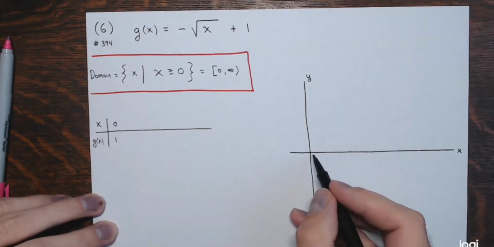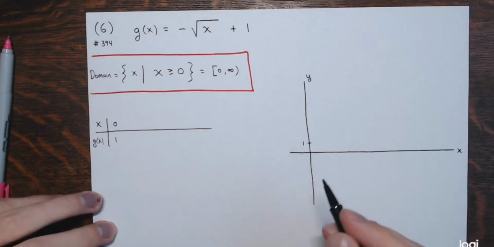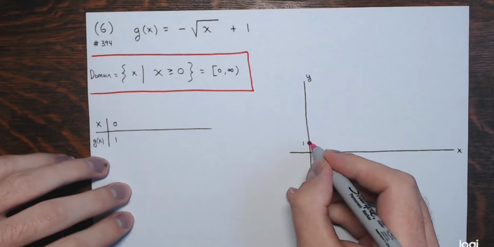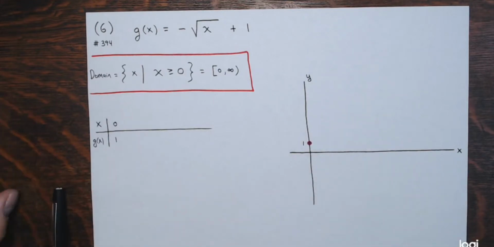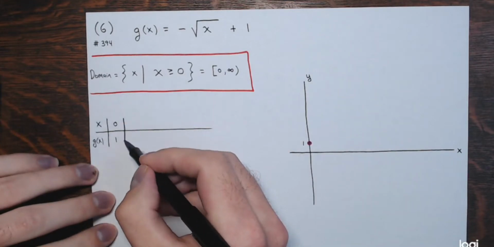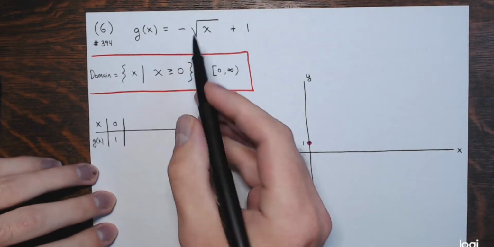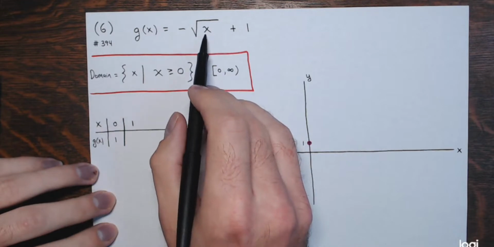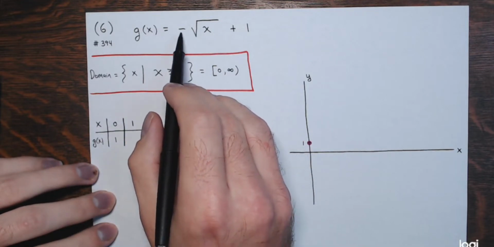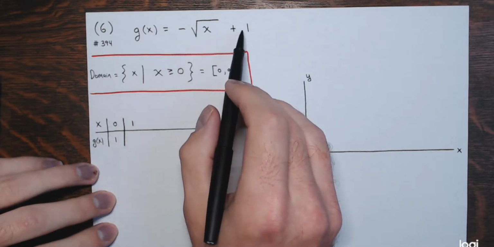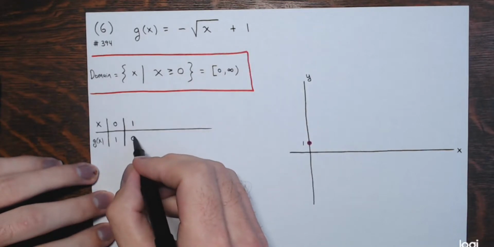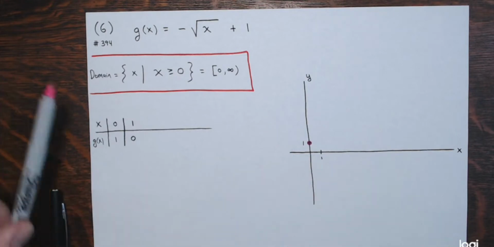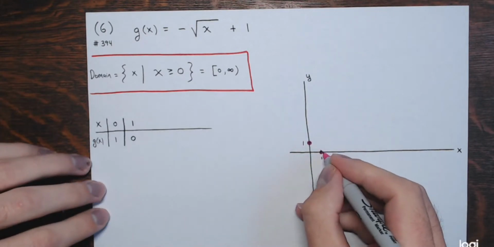Right, so input 0, output 1. So there's that point. Okay, then again we have square root of x, so just plug in 1 next. That's a perfect square. Square root of 1 is 1, times negative 1 would be negative 1, plus 1 would be 0. So I have input 1, output 0. So that's on the x-axis, right, the x-intercept.